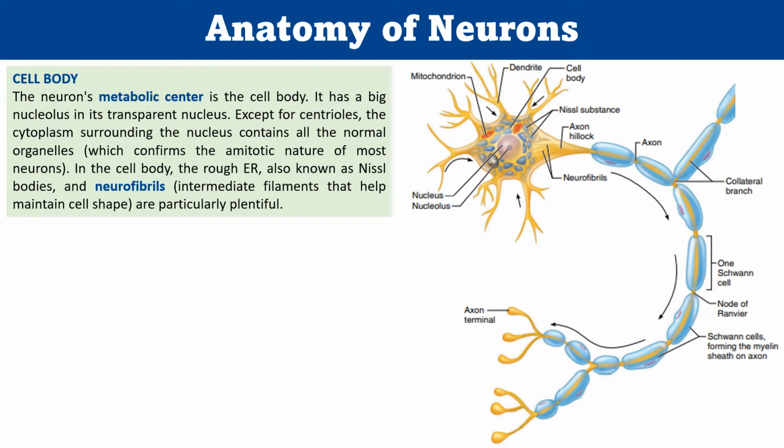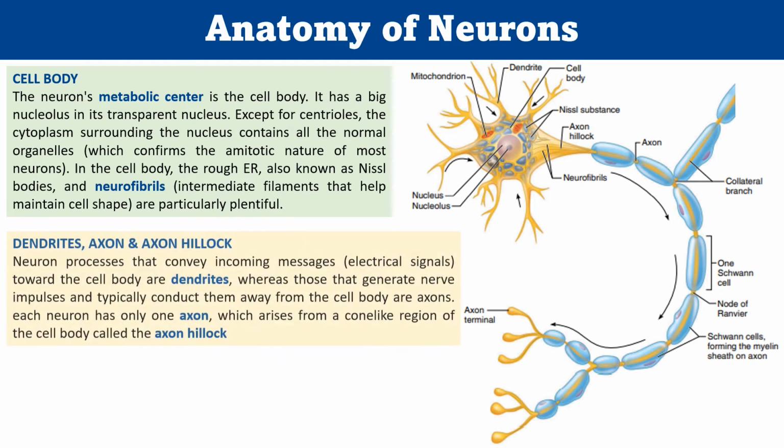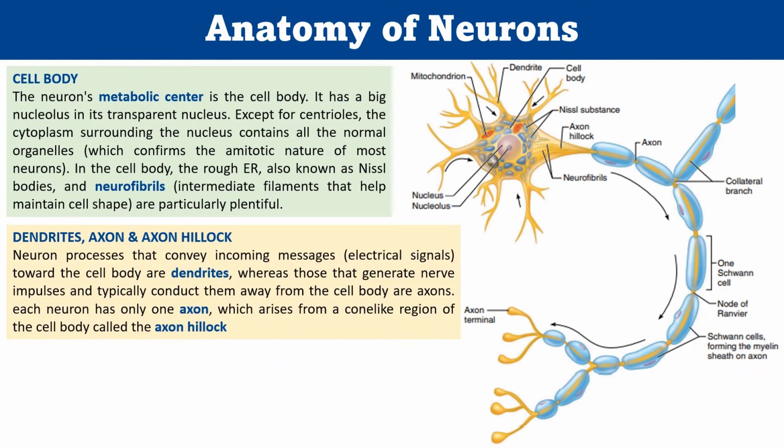Except for centrioles, the cytoplasm surrounding the nucleus contains all the normal organelles, which confirms the amitotic nature of most neurons. In the cell body, the rough ER, also known as Nissl bodies, and neurofibrils, intermediate filaments that help maintain cell shape, are particularly plentiful. Then we have dendrites, axon, and axon hillock.